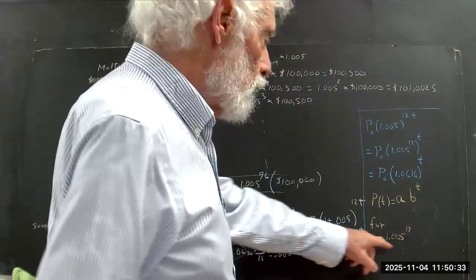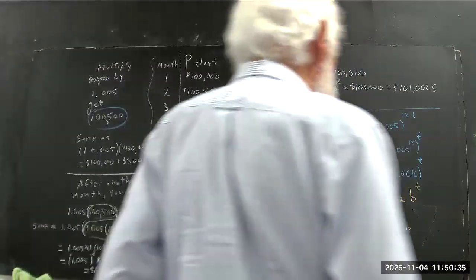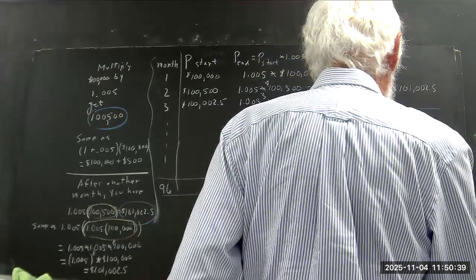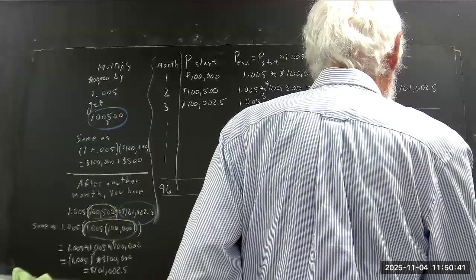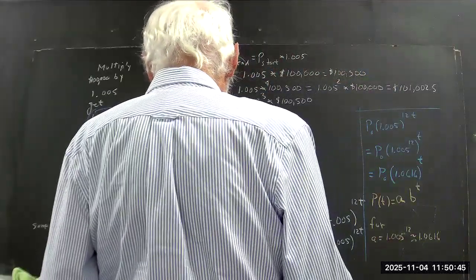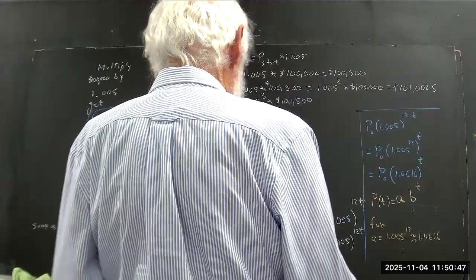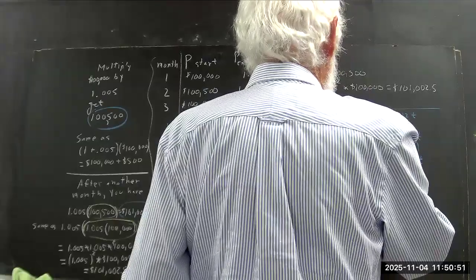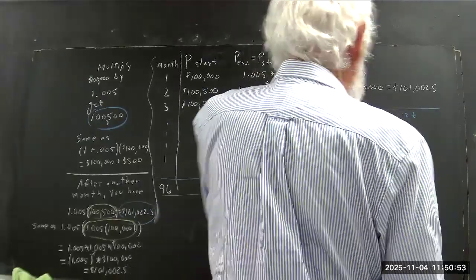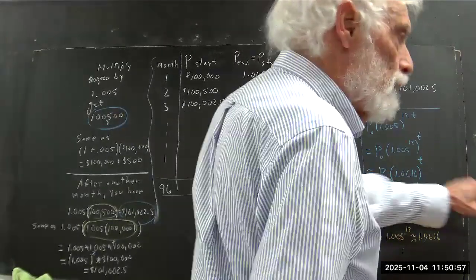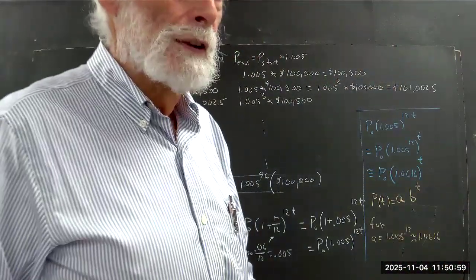A is 1.005 to the 12th, which is approximately equal to 1.0616. And notice that when we rounded off this result, 1.0616, it became approximate because there were more decimal places after that 6.